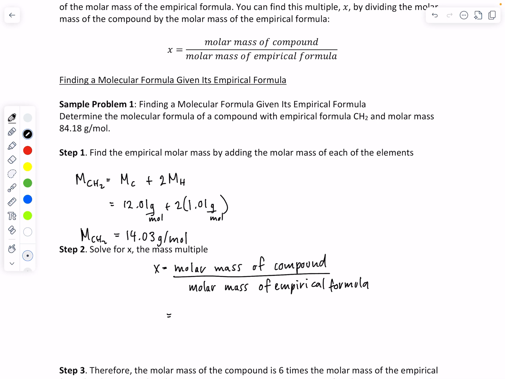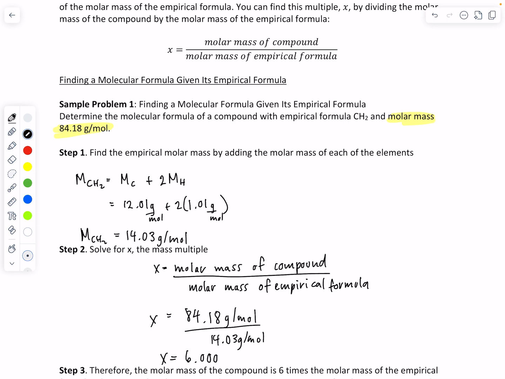So the molar mass of the compound is 84.18 grams per mole. That was given to us in the question. And we just found the molar mass of the empirical formula, 14.03 grams per mole. So x equals 6.00.